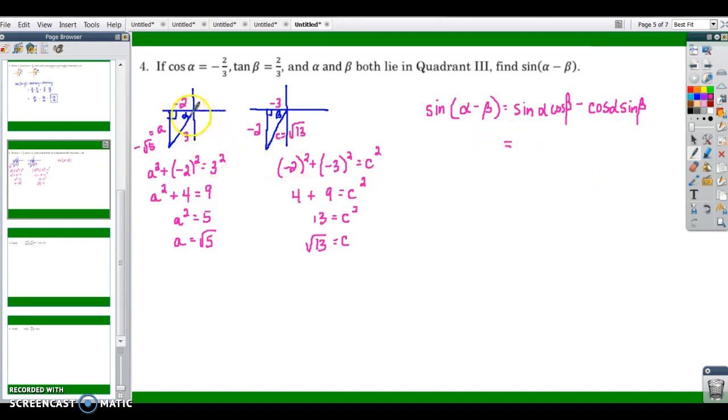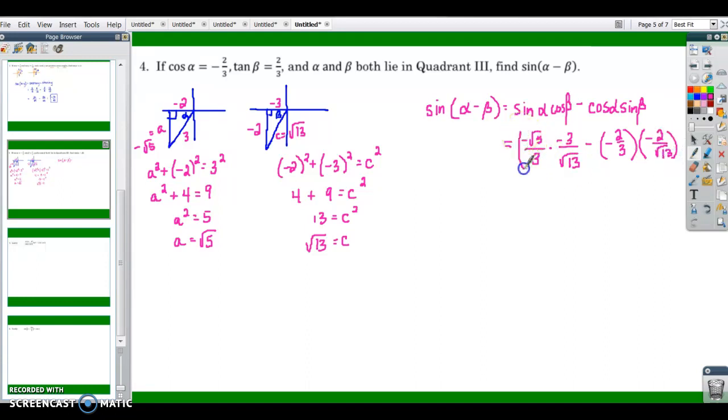The sine of alpha, so the sine is opposite over hypotenuse, so the sine is negative root 5 over 3 times the cosine of beta, so the cosine is going to be negative 3 over root 13 minus the cosine of alpha, so the cosine is negative 2/3, and I'm just putting parentheses because I want to be careful with my double negative there, and the sine of beta, sine is opposite, so that's going to be negative 2 over root 13.